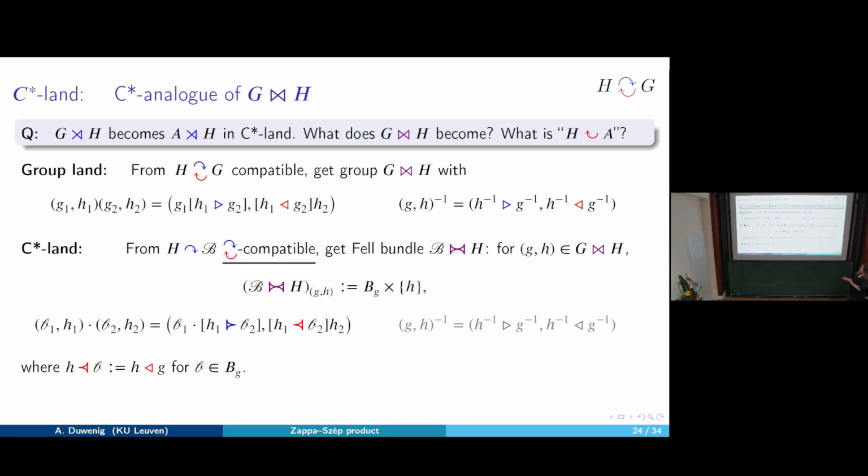I have taken the product not just of B1 and B2, but actually of this changed version of B2. And here is the Fell bundle multiplication of my original Fell bundle. On the H part, I do the exact same thing. I let B2 act back on H1. And what I mean by this is really whatever fiber B is in, it's in the fiber over G, say, let G act on H.